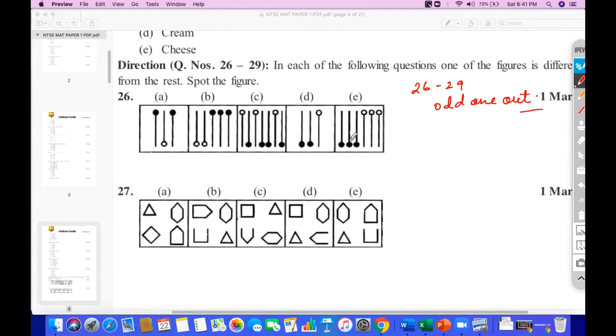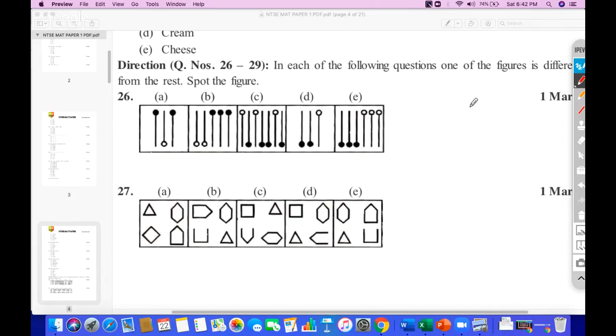Because only in this case two different matchsticks are here, one white and one black. In question number 27, all others have at least one open figure. In A there is no open figure, so that's the answer.